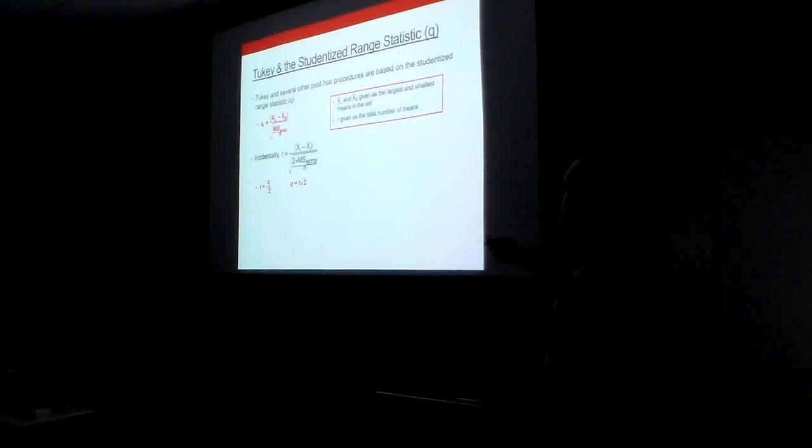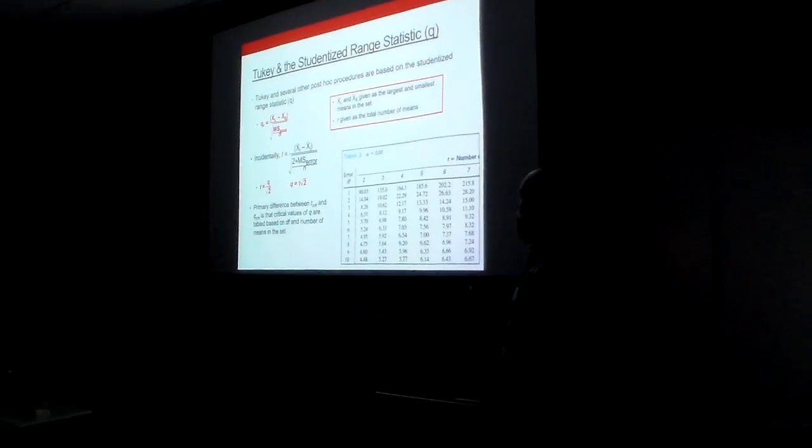So functionally we can go back and forth from Q and T by a simple conversion. If I take my Q statistic and divide it by the square root of 2, it's going to give me my T. If I take a T times the square root of 2, that's going to give me a Q. I can move back and forth between these, and this becomes important later on when we want to use Tukey maybe in a more flexible manner.